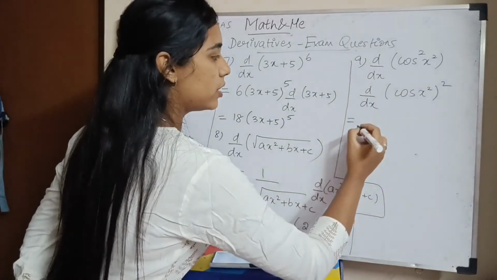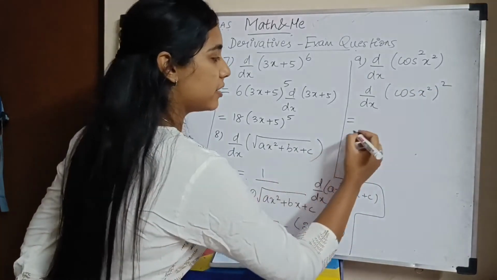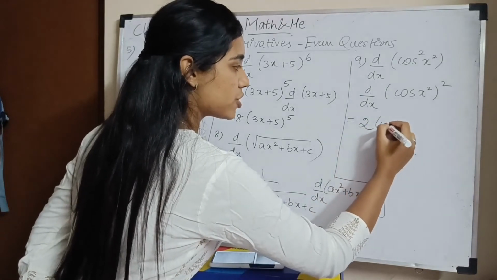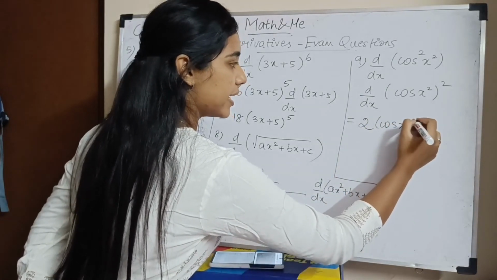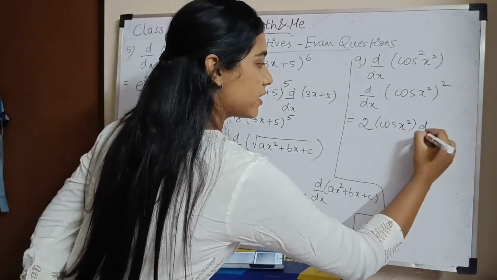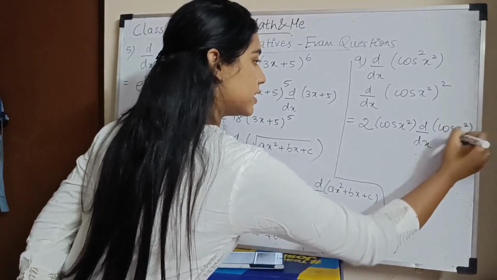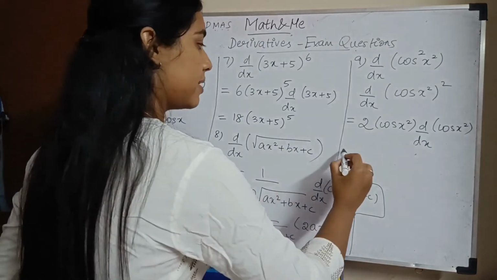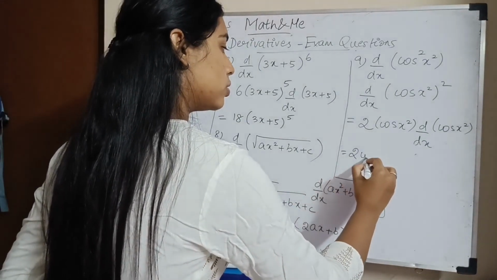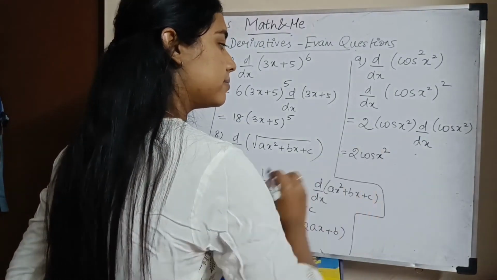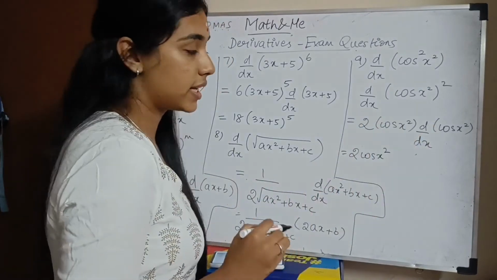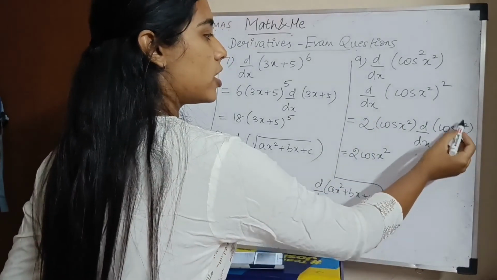So when you take it out, x square, the derivative is 2x. So which is 2 times what is your x? cos x square. Now you take the derivative of the function that is inside. So cos x square. So what is your next step? 2 cos x square to the power 1. Correct? d by dx of cos x square.